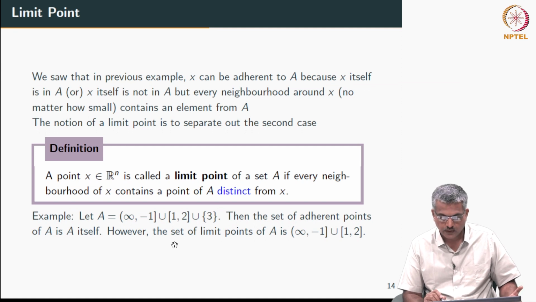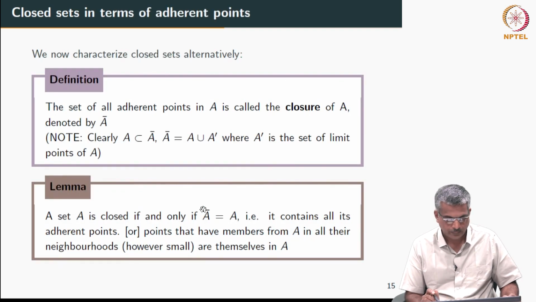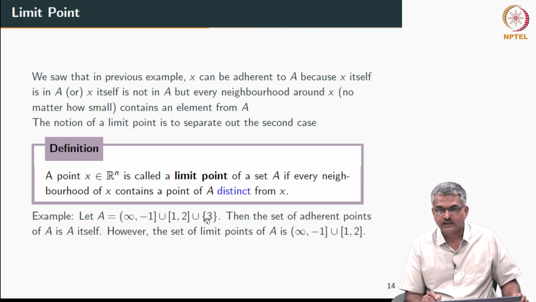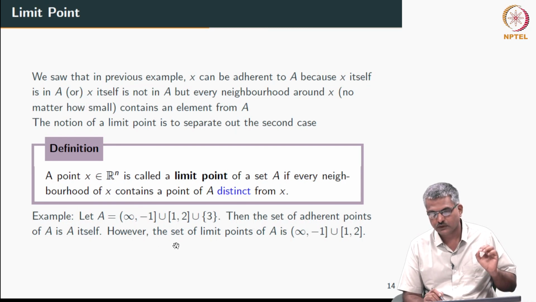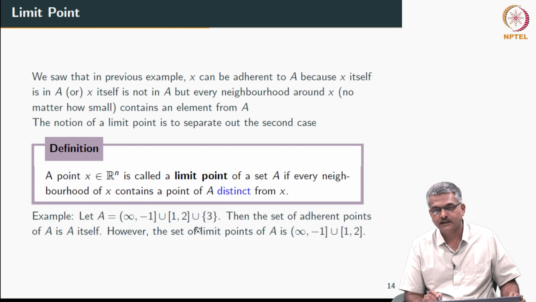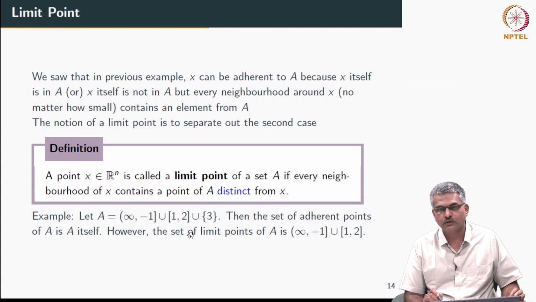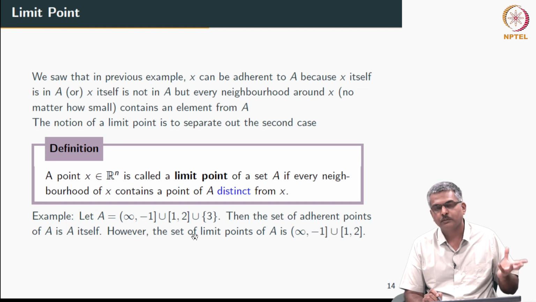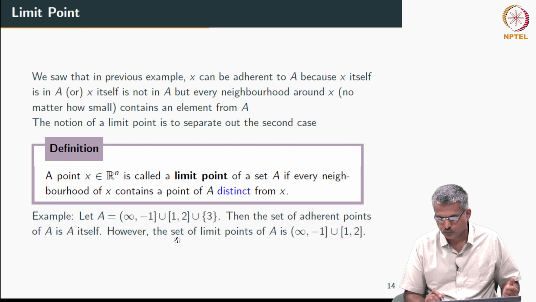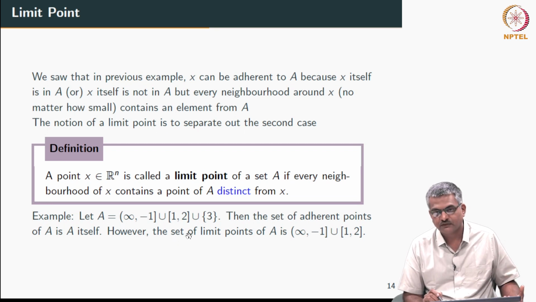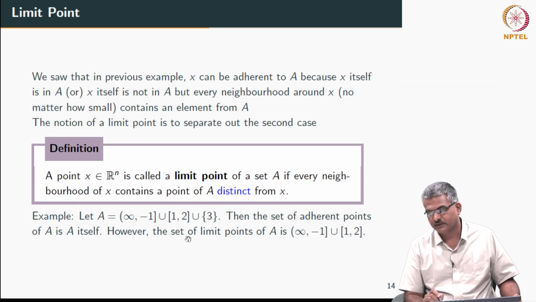However, the limit points are the whole of these intervals, but do not include the point 3, because if you take any neighborhood around that point, you will not be able to find a point of that set other than the point itself. So the definition fails, and the isolated point 3 does not qualify to be a limit point.